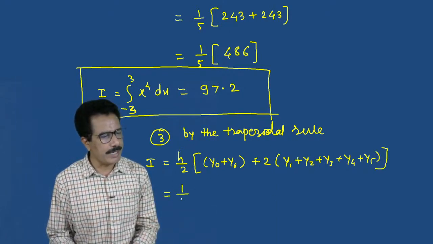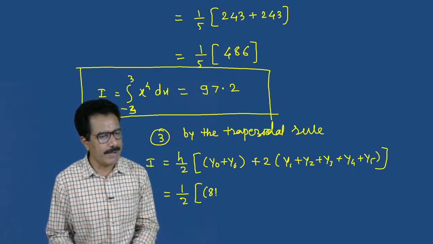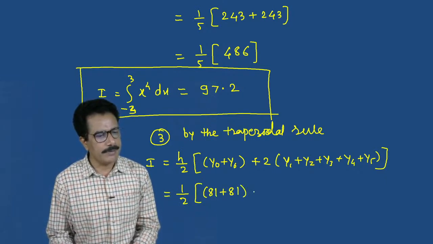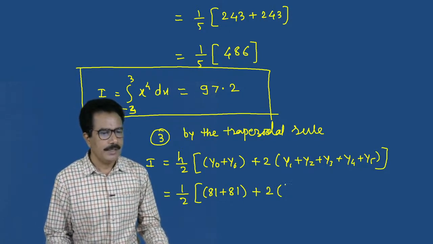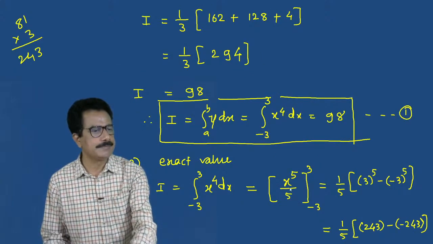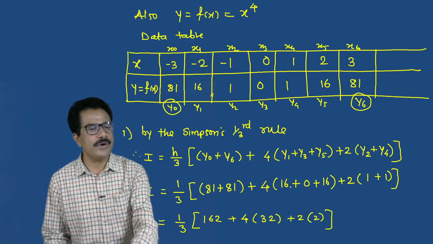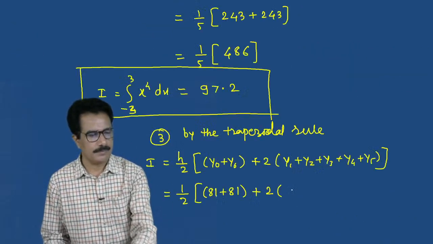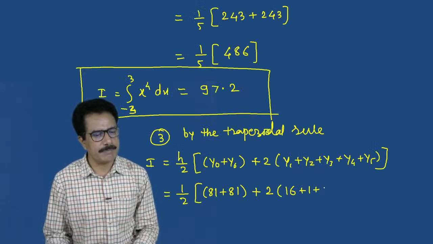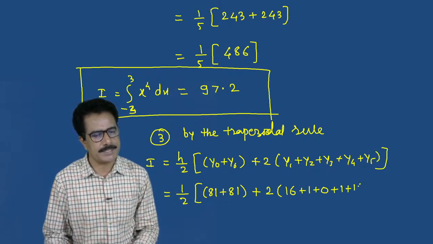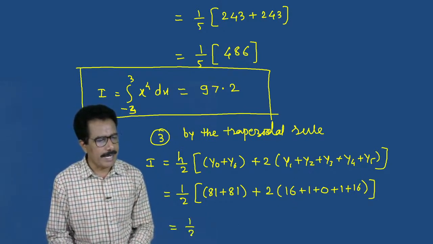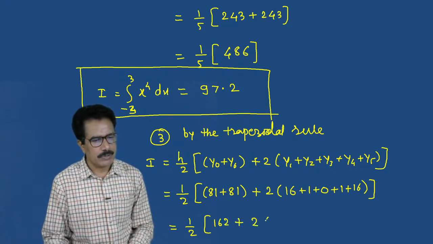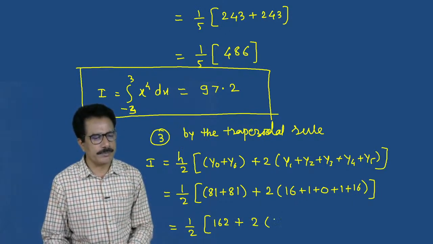So h means 1/2, y0 means 81, plus 2 times of, we will get y1 किती आहे पहा बरे, 16, 1, 0, 1, 16. 16 plus 1 plus 0 plus 1 plus 16. कॅल्क्युलेट करा रे, काय येतं सांगा बर. 1/2 into 162 plus 2 into 32 plus 2 means 34.